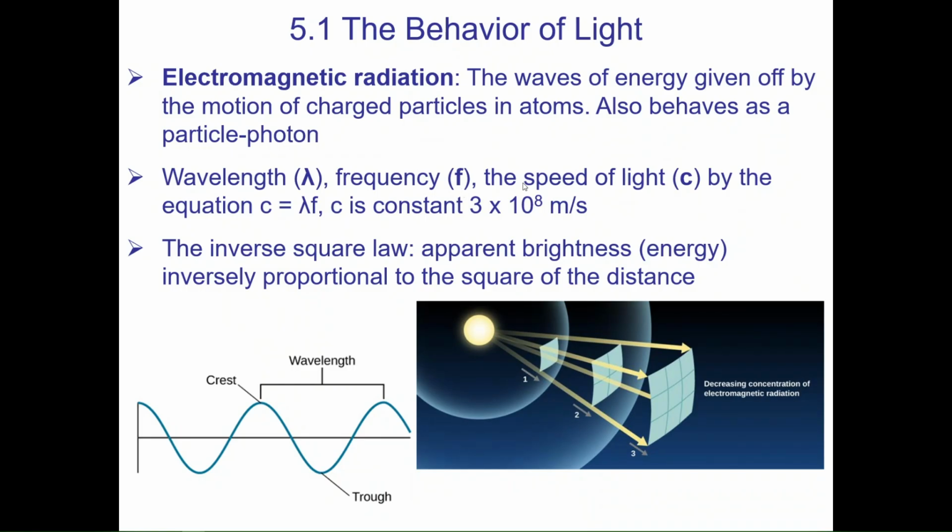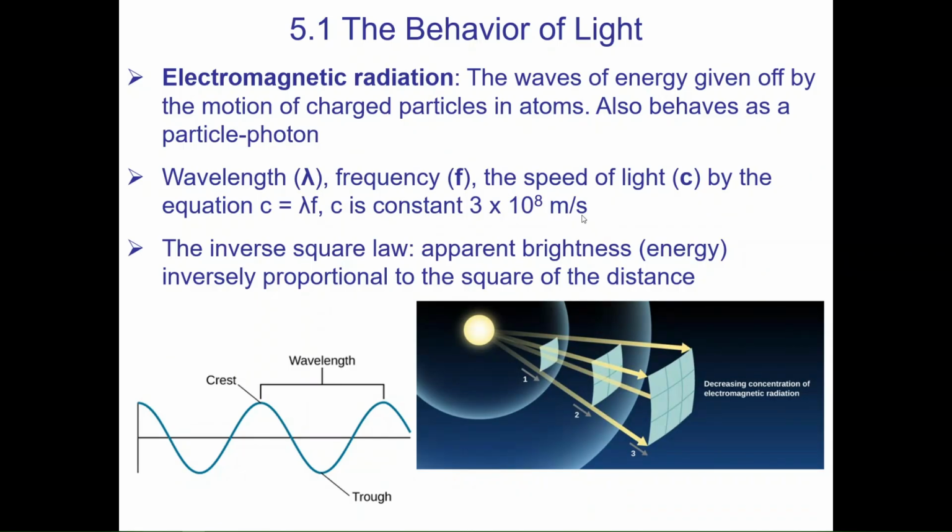And you may also have heard about the speed of light. The speed of light is how fast light can travel. We also talk about light years, whose unit is also based on the speed of light. The speed of light, we usually use c to represent it. It is a constant, 3 times 10 to the 8th meters per second.